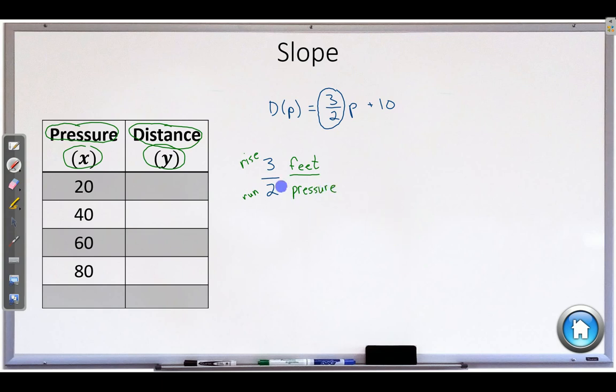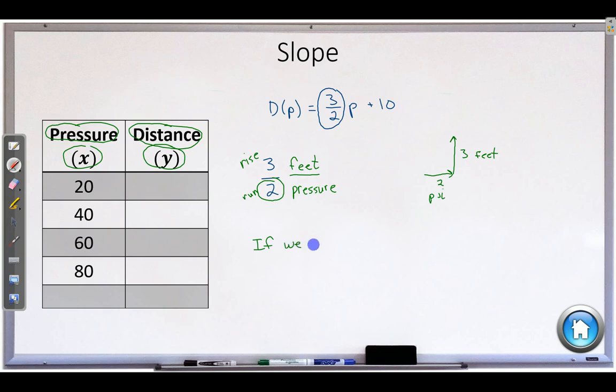So what that means is, if we increase the pressure by 2, that's like we're going to the side 2, running 2, we will rise 3. So the run is psi, pressure, and the 3 is measured in feet, up and down. So if we raise the pressure by 2, we should go an extra 3 feet. So we can put that into a sentence.